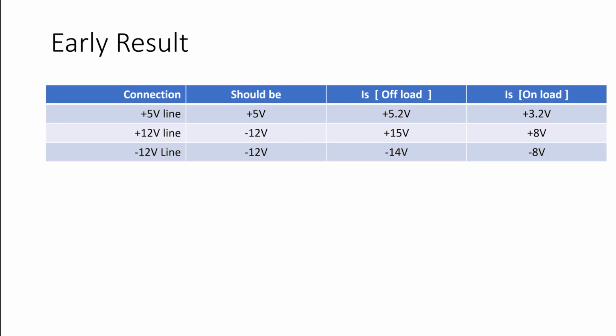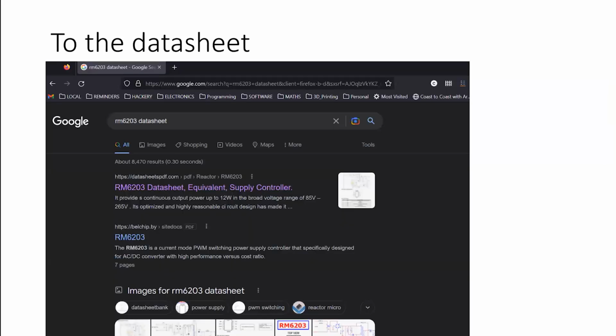So let's have a look at the data sheet. First thing we do is put the chip number into Google. And the first datasheet return that comes up is from one of these all datasheet companies that do nothing but datasheets. And I have to say, I'm a wee bit suspicious of those. I have trust issues with them, so I'm going to leave that one alone.